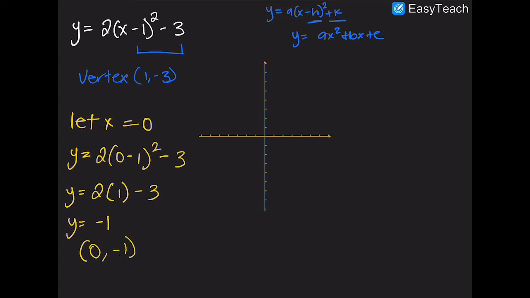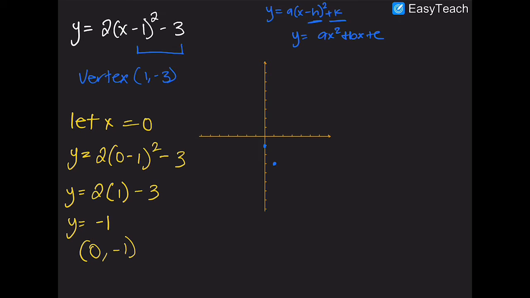So we can look for that on our graph and plot that point. So we had a 1 and a -3, and now we have a 0 and a -1. So 0 on x and -1 on y. Then we can let x equal something else. We can let x equal 1, for instance.